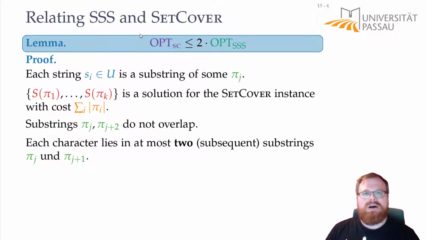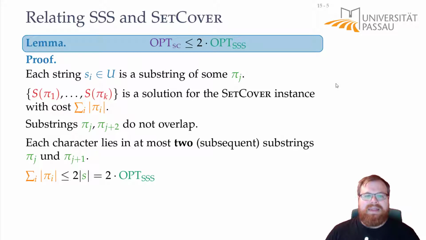So the cost of the set cover is at most twice the length of the shortest superstring. And that means if we have some algorithm that solves set cover within some factor times optimum, then that also gives us an algorithm that solves shortest superstring within this factor times 2 times optimum.